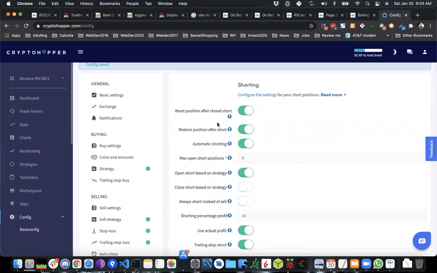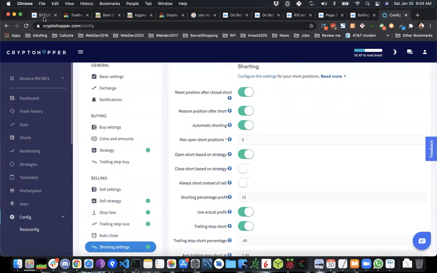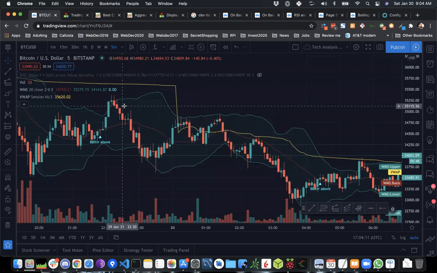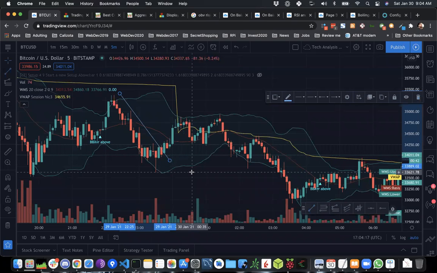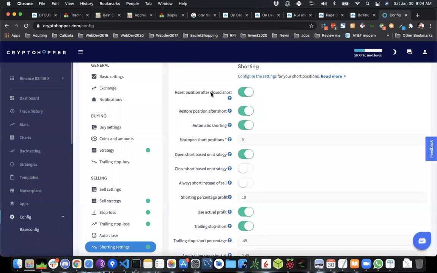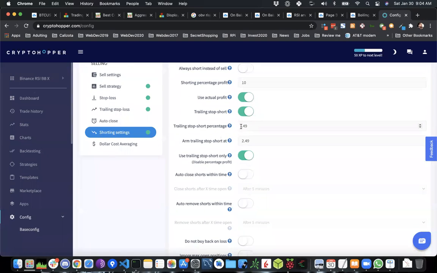Shorting. A lot of this is that shorting is basically selling and making profit when things go in a downward direction, right? So I also do automatic shorting, maximum open positions 9, 10% profit, trailing stop percentage.